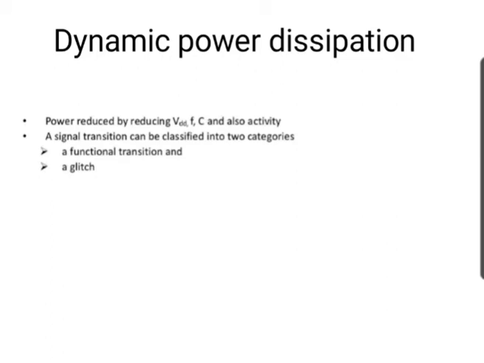Static dissipation means in a CMOS inverter, one of the transistors is always off, and since no current flows into the gate terminal, there is no DC current path from VDD to VSS. The resultant steady state current and hence static power dissipation PS is 0.